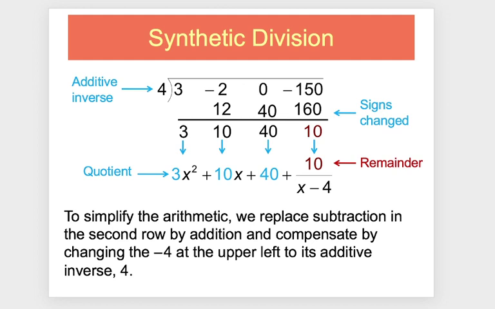So in other words, this is going to become 4 times 3, which is 12. But now I'm going to combine this. So if I combine negative 2 plus 12, so that's what I was talking about before. We're going to be adding now going forward. Although we're subtracting, we're going to be combining through addition. So negative 2 plus 12 becomes 10.